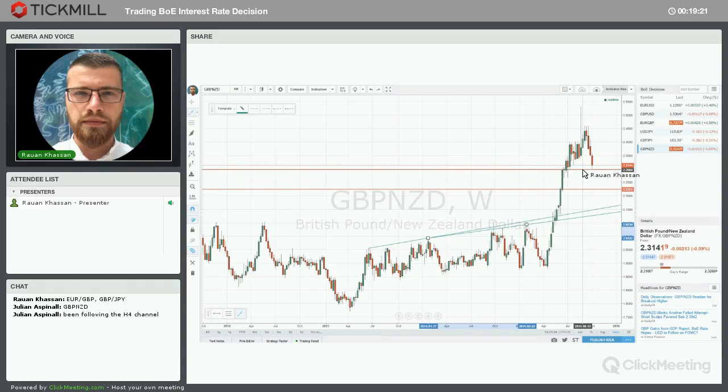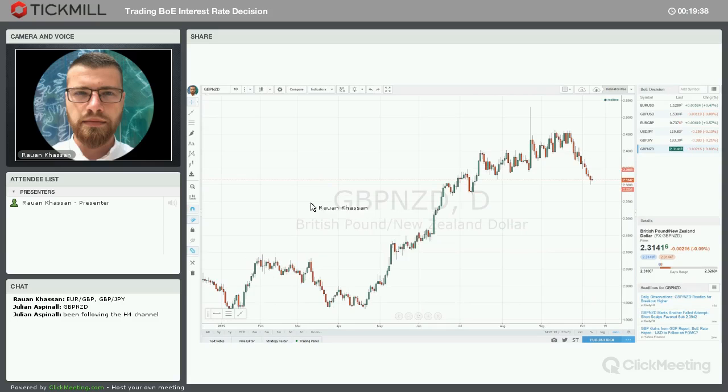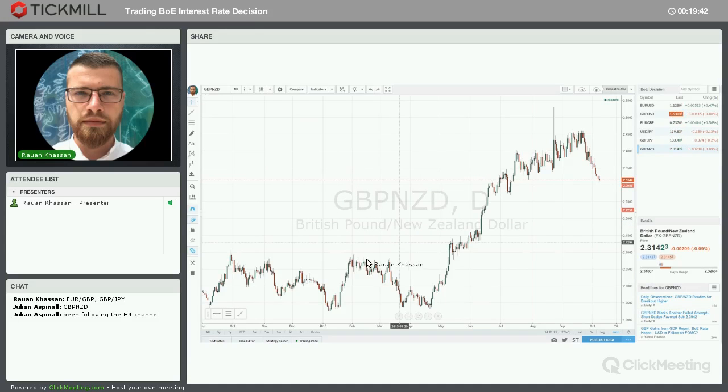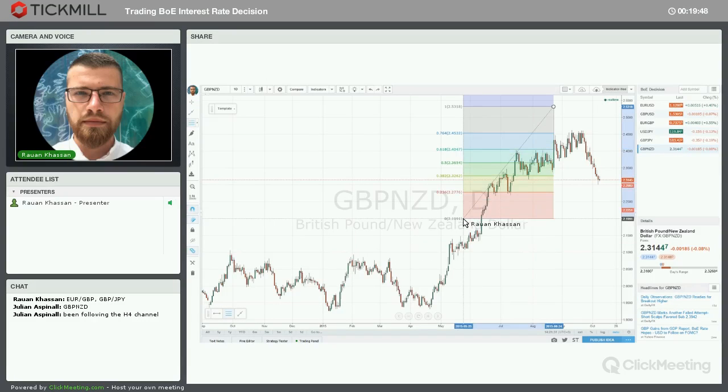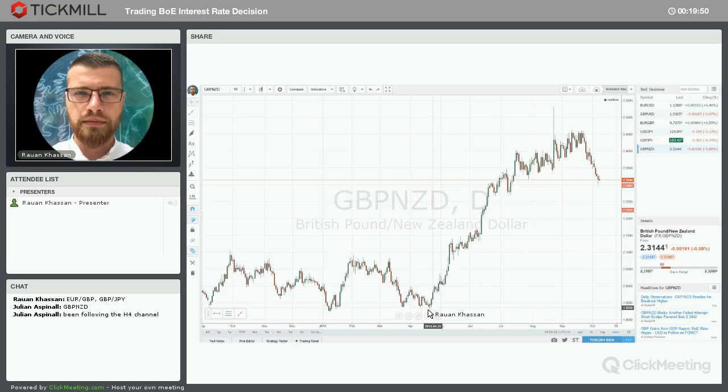Yeah, but definitely the most important level that we can derive from a weekly chart is this static support at 229.83. By my understanding, it was tested just recently. Moving to daily chart, let's mark here Fibonacci from the other side.